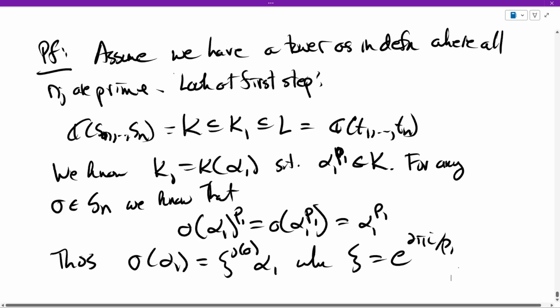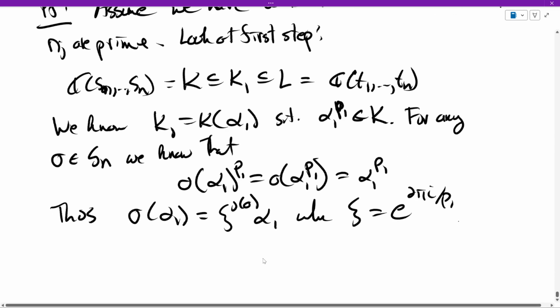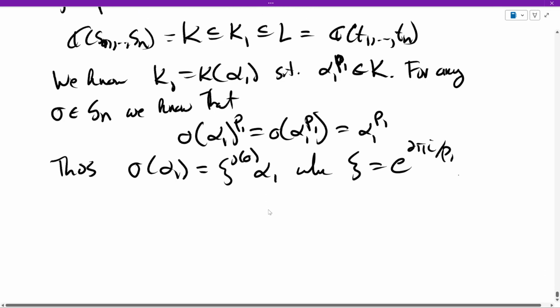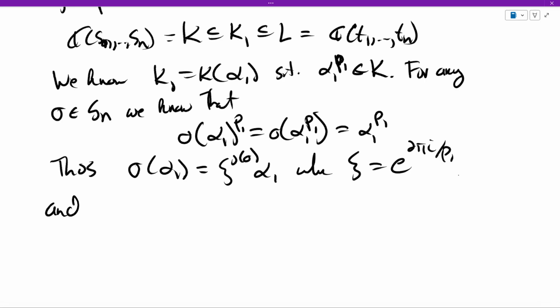And j of sigma is just whatever the power is. It's not just the standard primitive root of unity, there are all powers of it, and depending on what sigma is, we might get a different power. So j of sigma is between 0 and p minus 1.